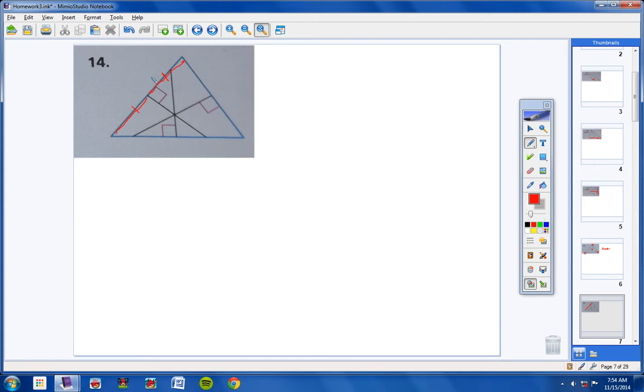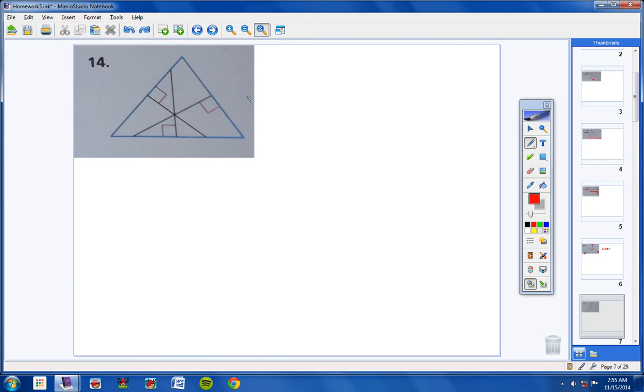I'm looking in the book to see if they say something. Yeah, that's not good. And this side here should have two marks, and this side here should have two marks like this. And then over here, this side should have three marks, and this side here should have three marks. All of these lines here are perpendicular bisectors.